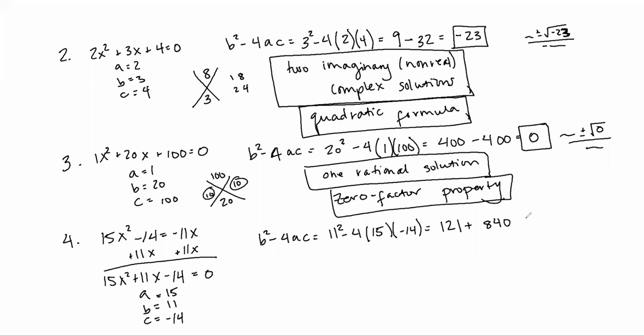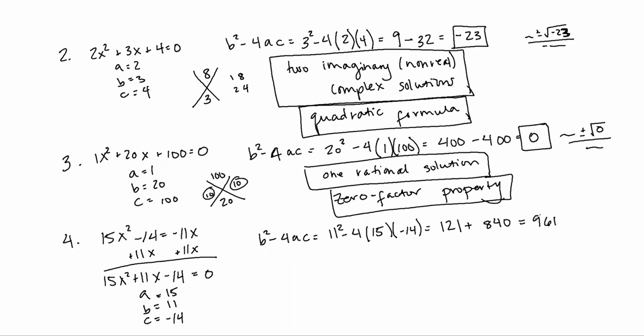And now, if I add those two together, we get 961. Now, I have no idea if this is a perfect square or if it is not a perfect square. It is positive, so we should have real solutions, not non-real complex.